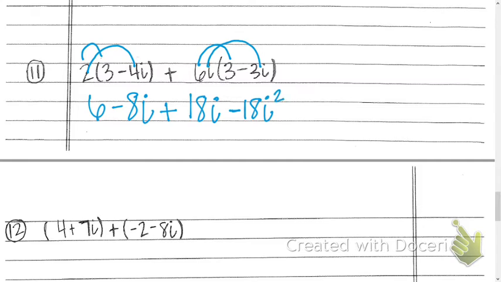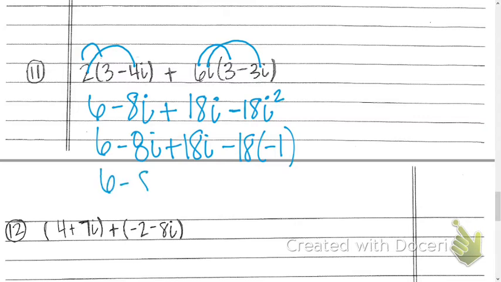So that makes it a negative. Alright, so we're going to plug in what for i squared? Negative 1. So I have 6 minus 8i plus 18i minus 18 times negative 1. So 6 minus 8i plus 18i plus 18.